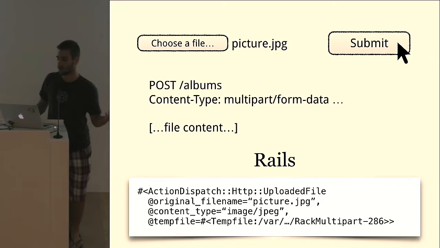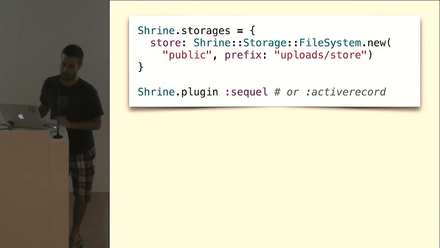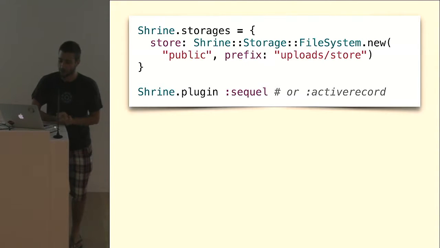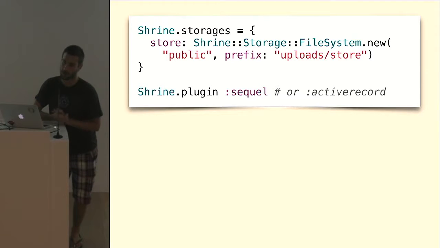Once the user uploads the file, we want to save it to some permanent storage, because it's now only saved to some temporary storage. In Shrine, it's most convenient to just store it in the public folder.